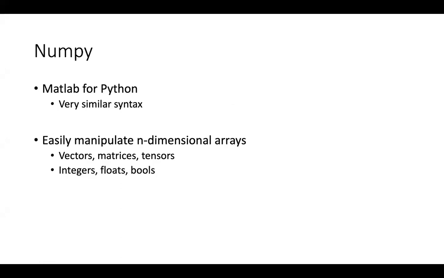There are a lot of easy manipulation tricks for handling matrices and vectors and tensors and even higher order tensors. It's the same deal with NumPy. All machine learning, especially deep learning, is all about matrix manipulation.